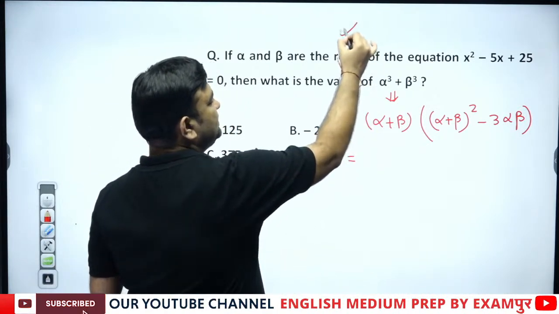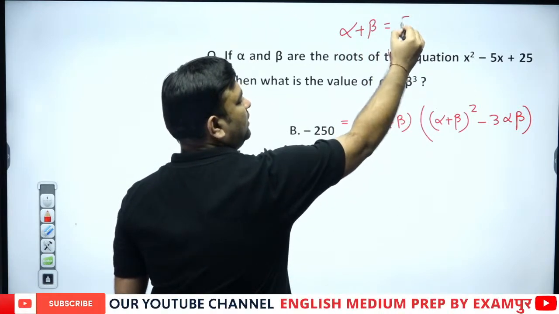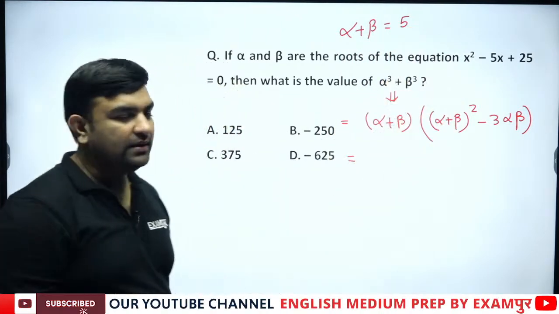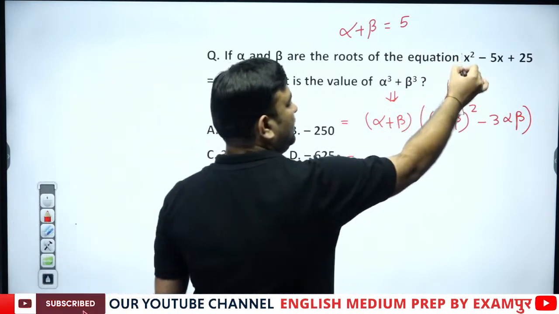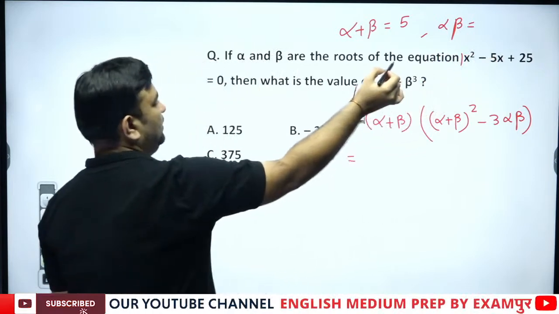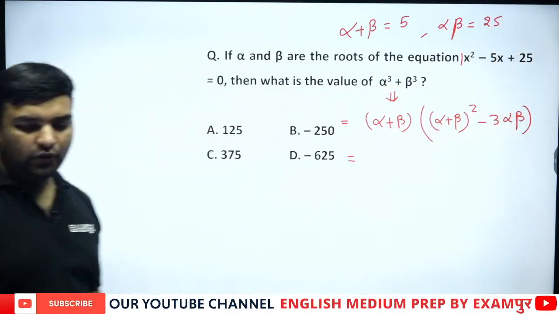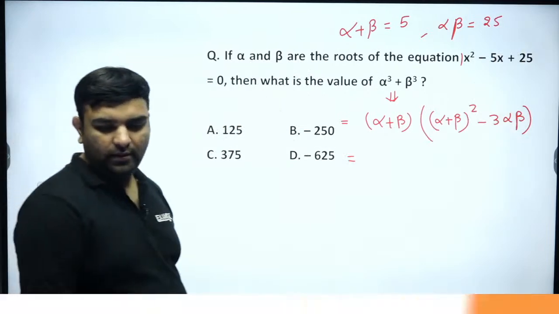Sum of roots is minus b upon a, which is 5, and product of roots is c upon a, which is 25.